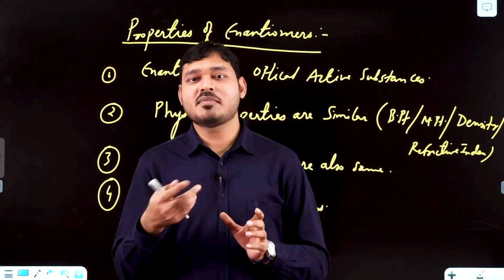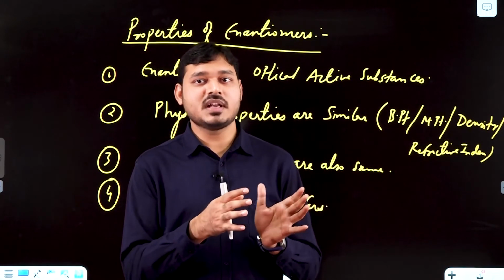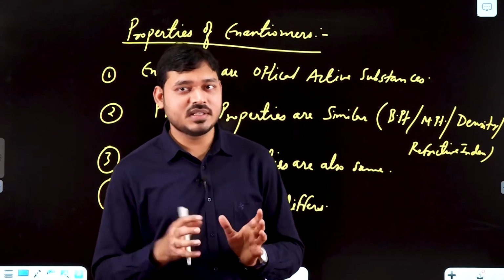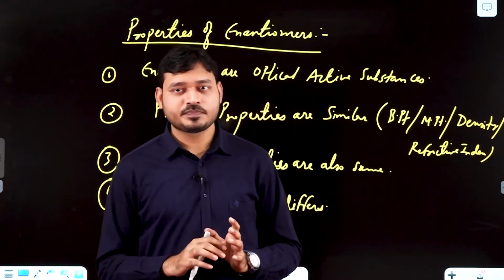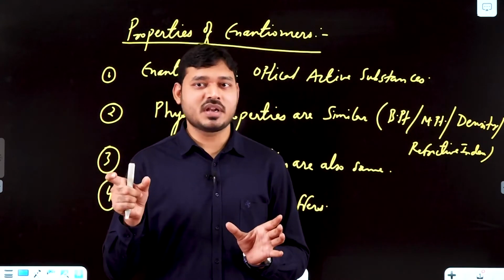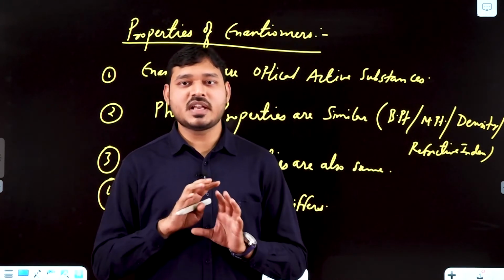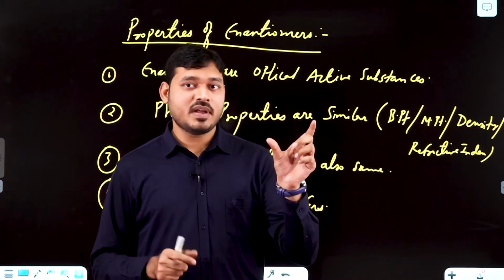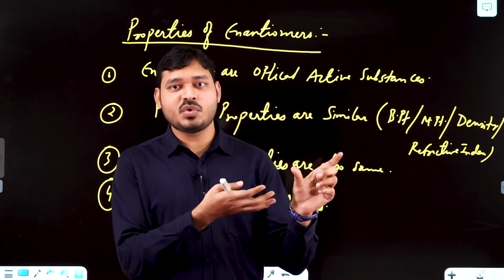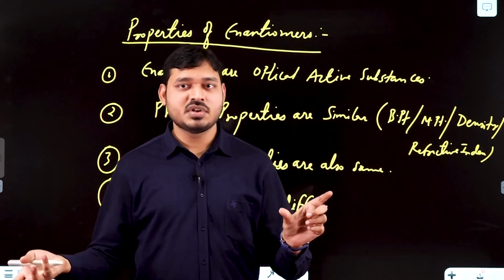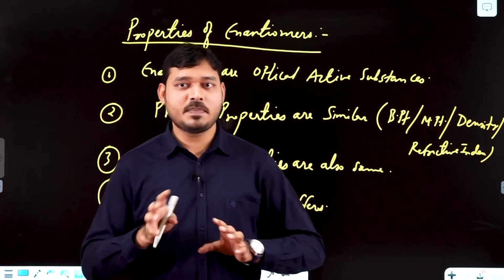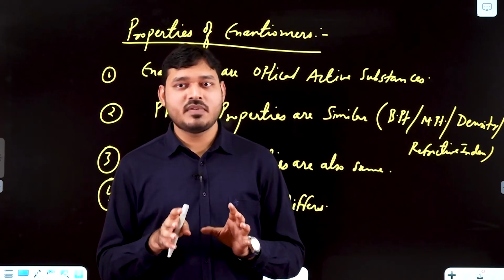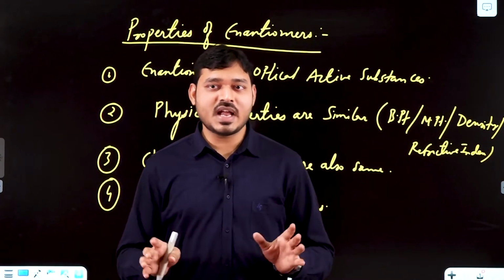In animal metabolism, plus sugar plays a key role inside the animal body. But when we say minus sugar, it has been observed that it has no such significant role. So when one enantiomer plays an important role and the other has no role as such, the two enantiomers will be different in their biological activities.